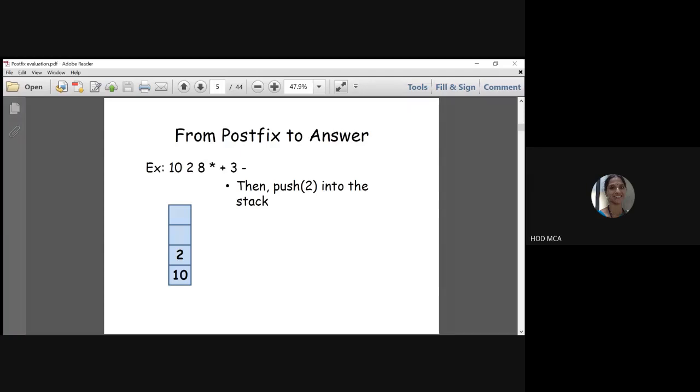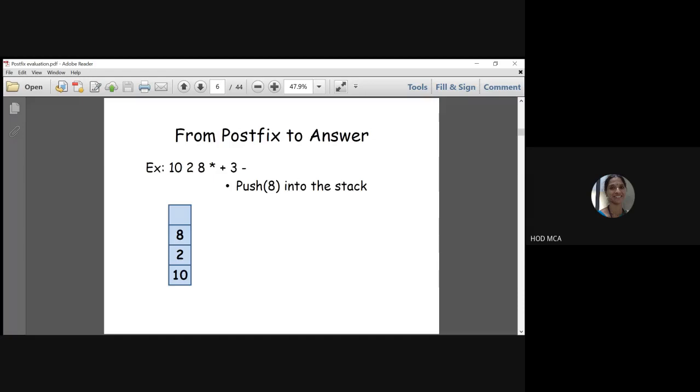Whenever we come across an operand, just go on pushing it onto the stack. Next is 8, push it as well. Next is an operator, star. When you come across an operator, pop the top two elements of the stack, apply the operator on those two elements and then push the result back into the stack.